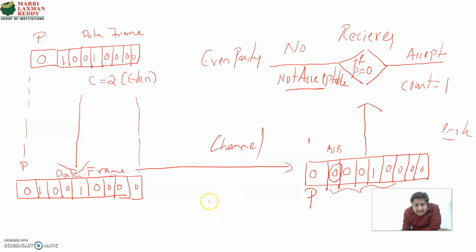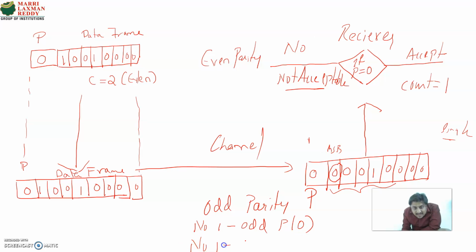Similarly, we'll go with odd parity. The concept of odd parity is, if the number of ones is odd, then the parity bit will be set to 0. If the number of ones is even, then the parity bit will be set to 1. This is different from even parity.